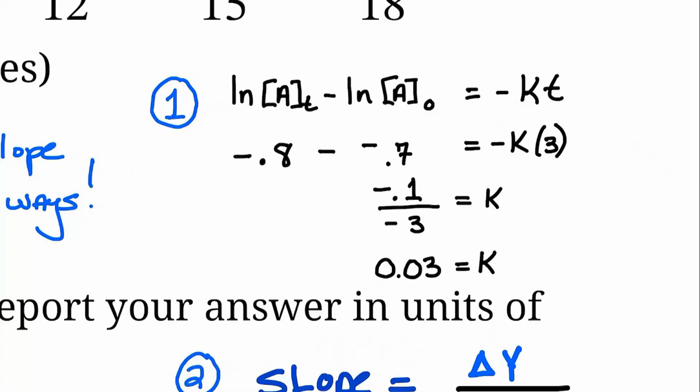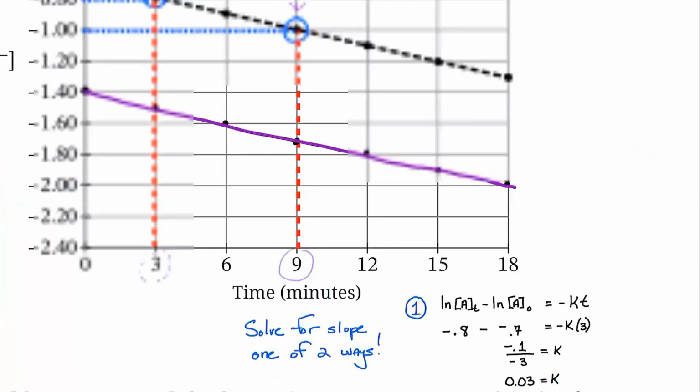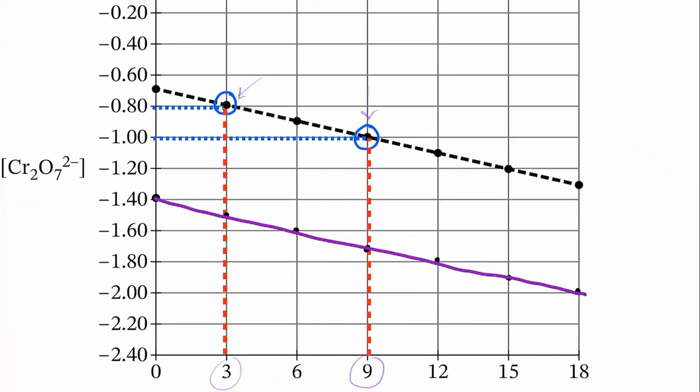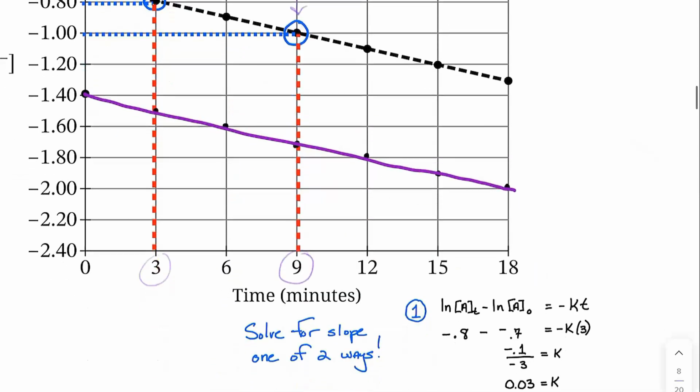The time between what? Well, find two intervals. Notice I had 0.8 going to 0.7. What I used here is the initial point at -0.7, and then after some time, which was 3 minutes, the value was 0.8. So I used those two intervals, and you could have picked any two.